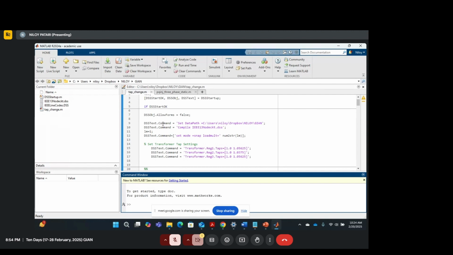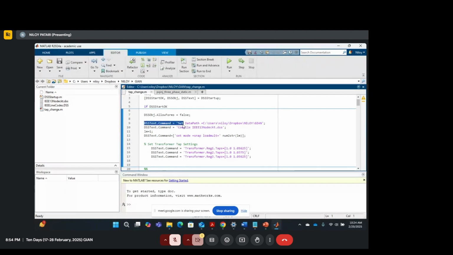In DSS text command, whatever command you put here, it connects that with OpenDSS. So you set the path or the location of that file, and inside this folder we also have this IEEE 13 node circuit.dss. When you say compile, it compiles the whole DSS circuit file.